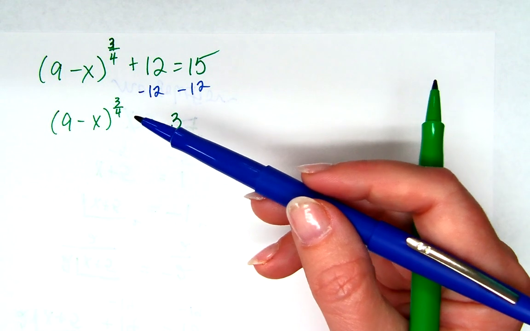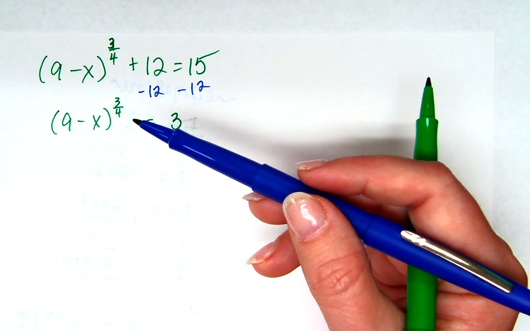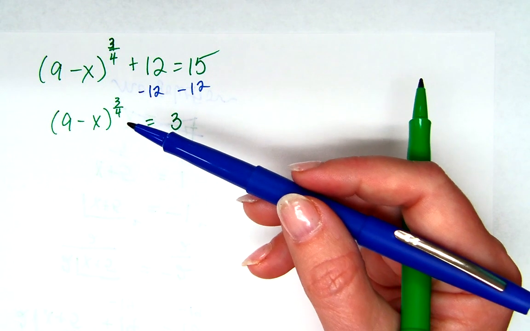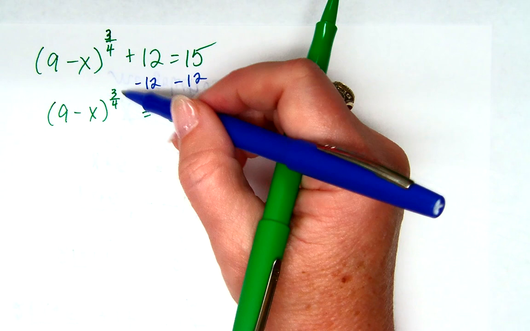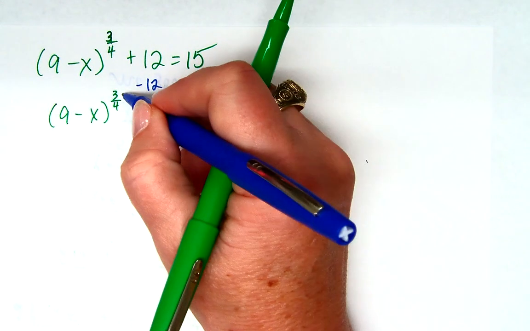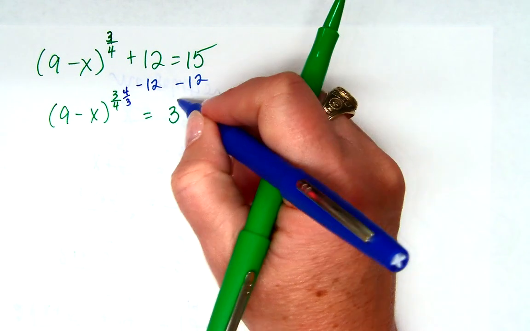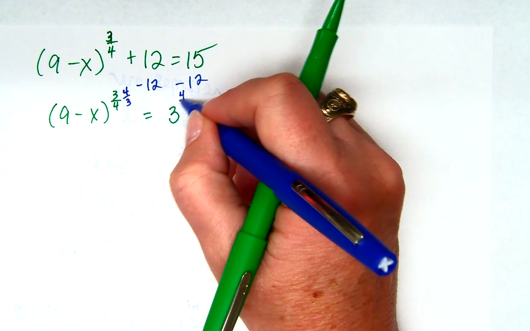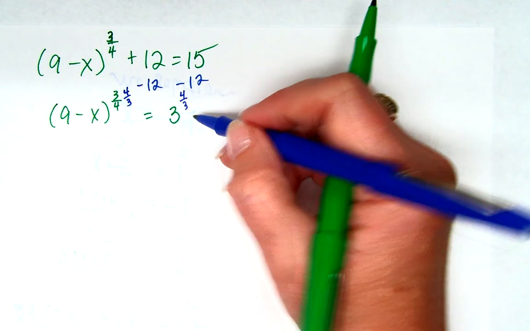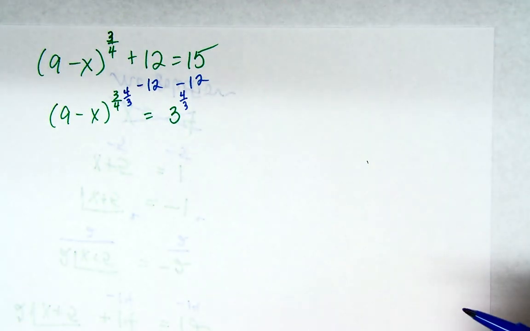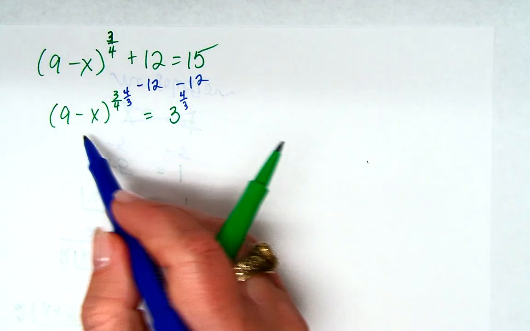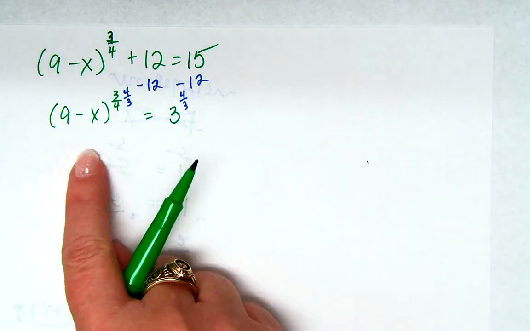Do you remember what the word is called? Starts with an R. Reciprocal, exactly. Whatever this exponent is, take the reciprocal. 4/3. Now we're not multiplying 3 by 4/3. We're raising 3 to the 4/3 power. Does that make sense? So what happens on the left-hand side?